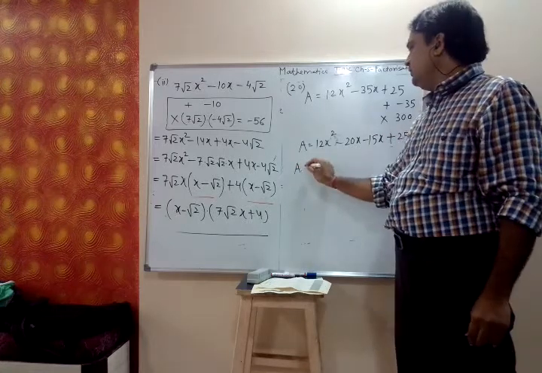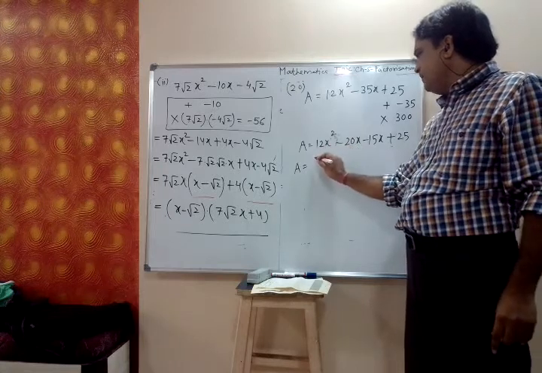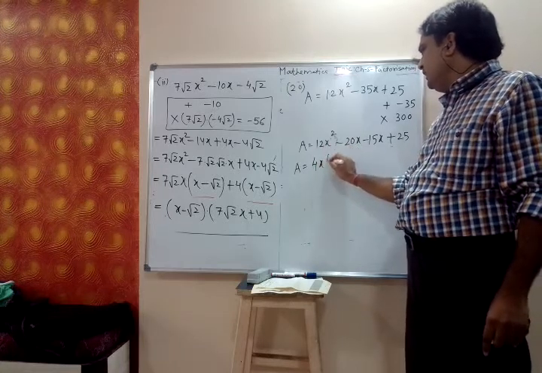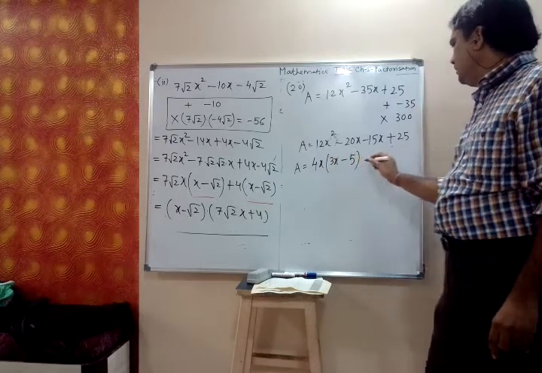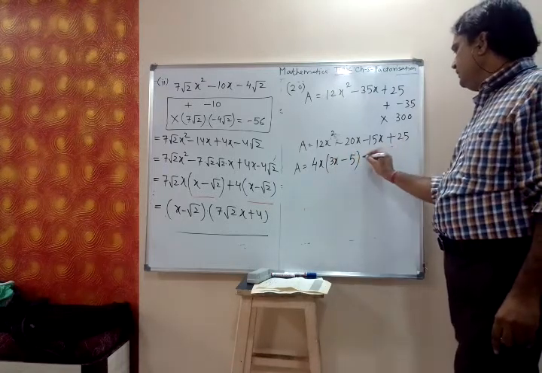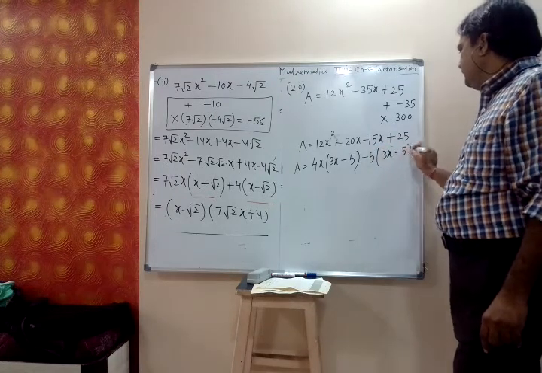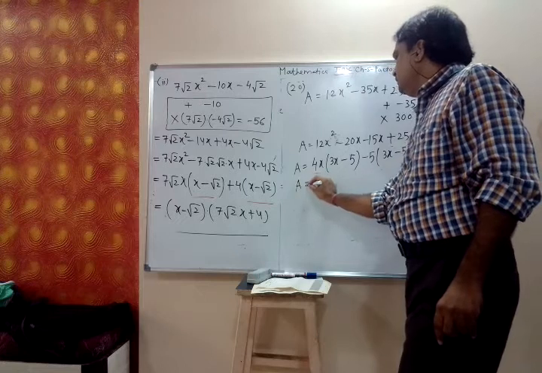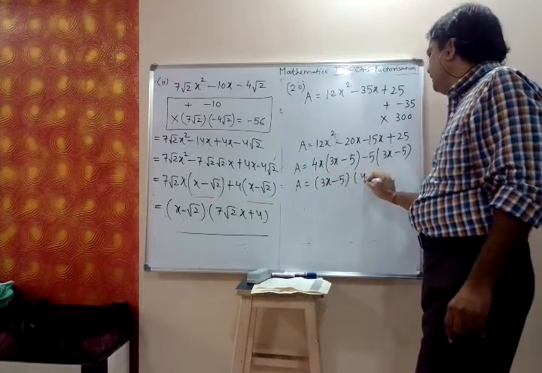In 12x square and 20x, 4x is common. Then it is 3x minus 5. Then 15 and 25, 5 is common. Then 3x minus 5 is common. So 3x minus 5 into 4x minus 5.